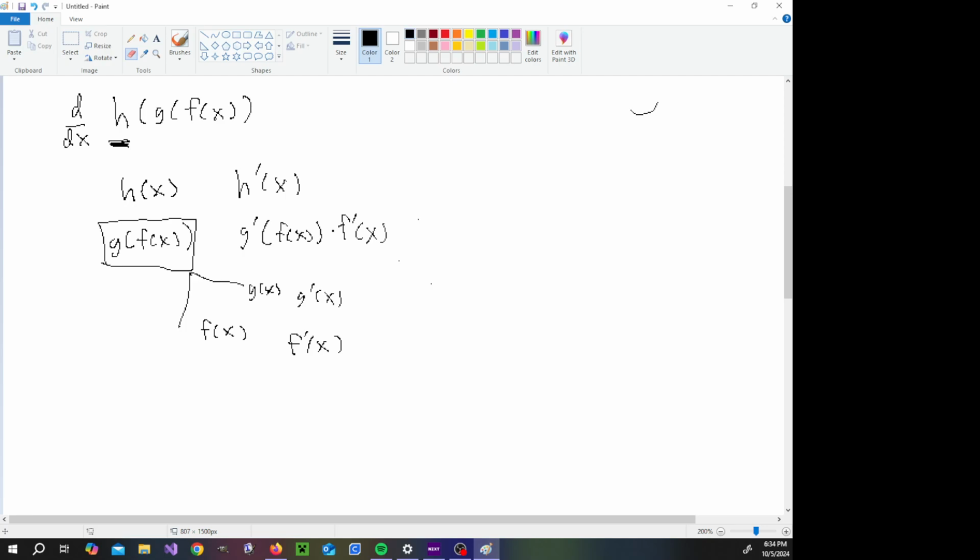Now, to find this derivative, it's derivative of the outside times the inside as is. So the big outside is h, and the inside from the start was g of f of x, times the derivative of the inside, derivative of g of f of x is g prime of f times f prime.